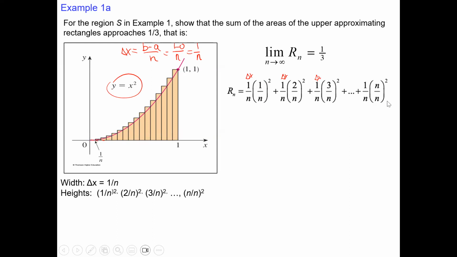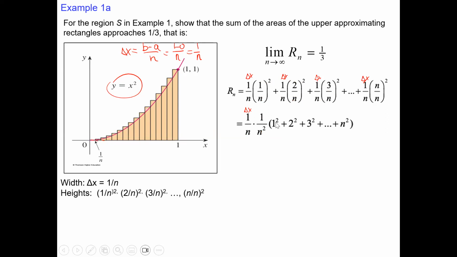Let's try to simplify this. We can definitely factor out 1 over n, that's delta x. Each denominator will be n squared, and on the top we will have 1 squared plus 2 squared plus 3 squared up to n squared.